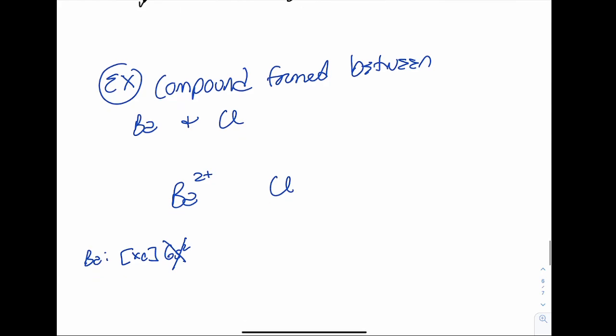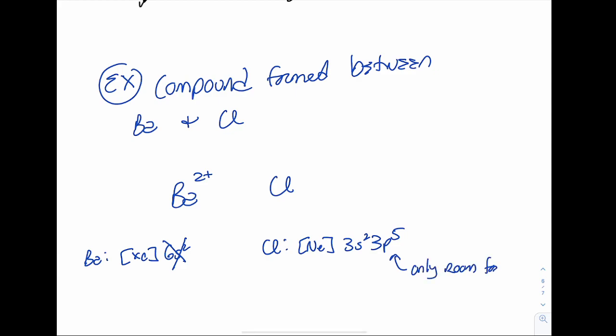Chlorine, however, if I was to draw the electron configuration for chlorine, and I'm going to use the shortcut again, so I have neon, and then 3s2, 3p5, it only has room for 1 electron, but barium wants to lose 2, right?